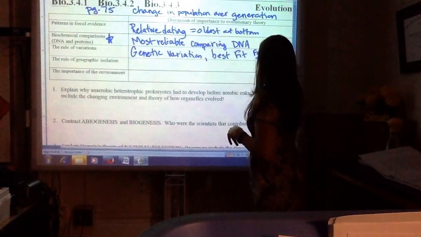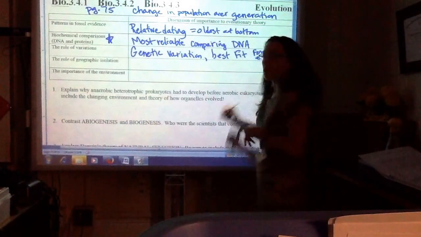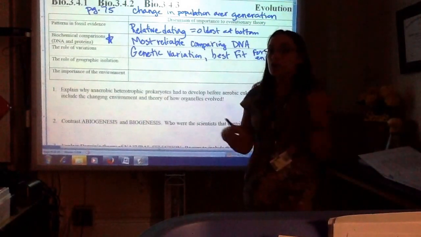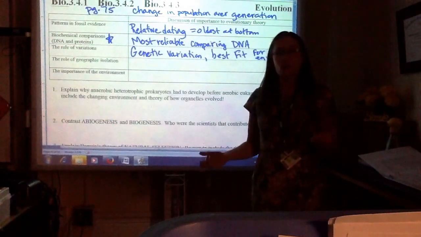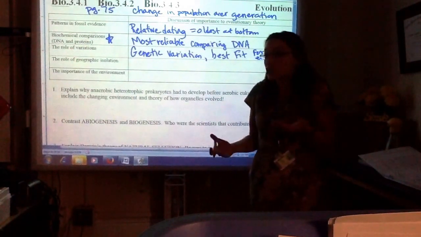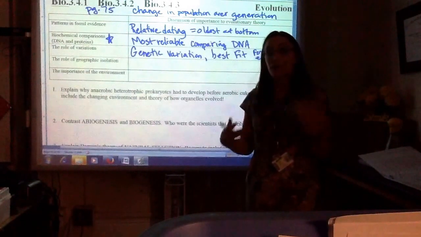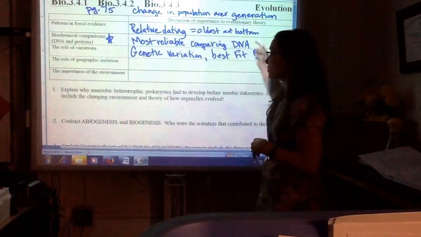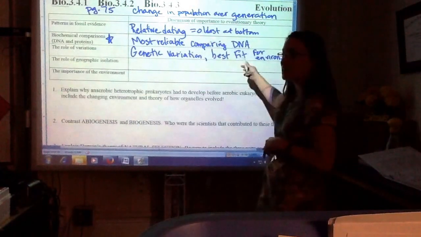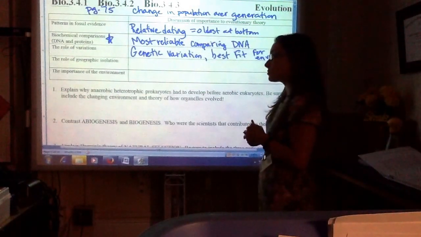If I take a saltwater fish, like a flounder, and I put it into freshwater, that fish will not be successful there because its adaptations, its genetic traits, don't make it fit well into that other environment. So it's important that we know that these variations have to make it successful in that particular environment.